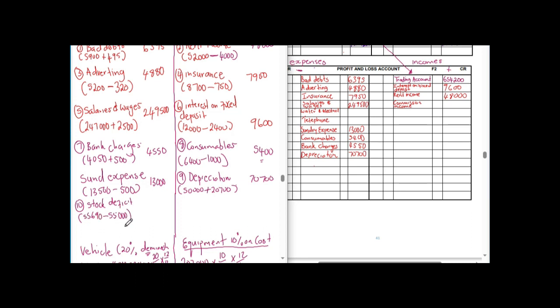Then, guys, we have a trading stock deficit of how much? 55,690 minus 55,000. Then we have a deficit of 690. And then we are going to write stock under our profit and loss. You're going to write stock deficit of how much? 690.